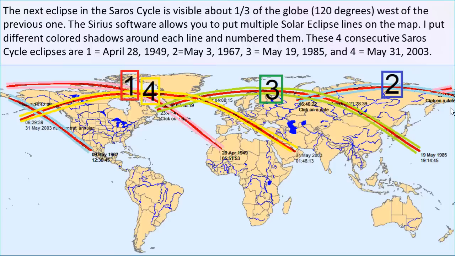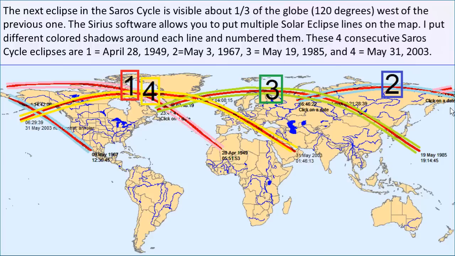What we're looking at now is that each consecutive eclipse in the Saros Cycle is very similar. It's a series of eclipses every 18 years, 11 days, and 8 hours that are very similar in many ways.